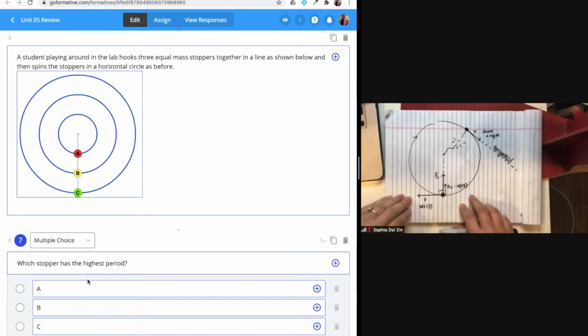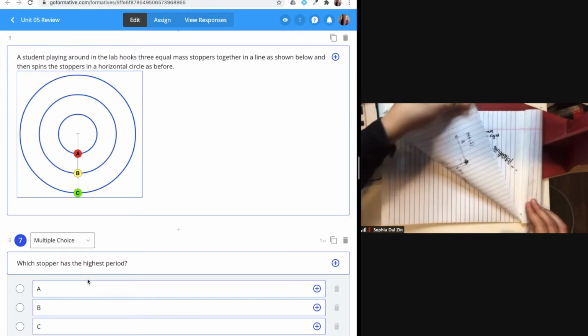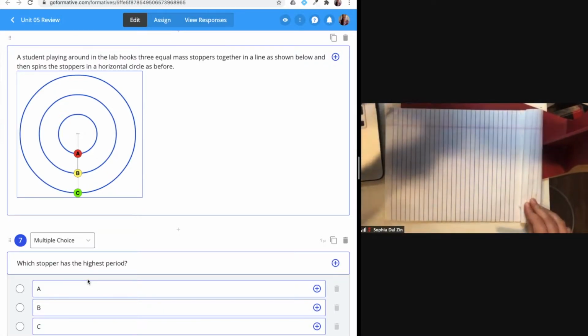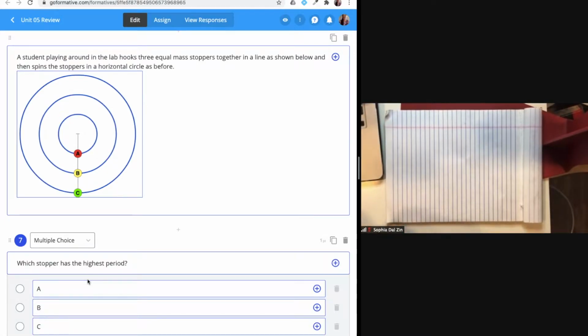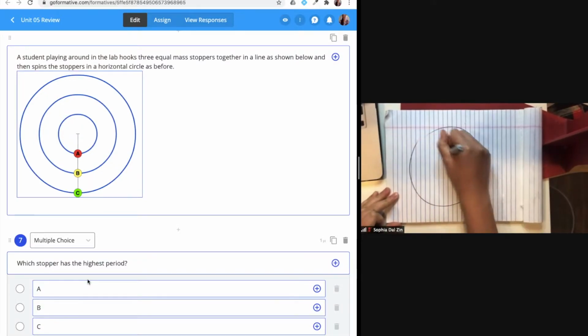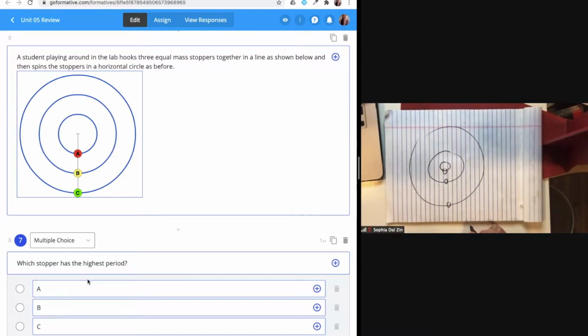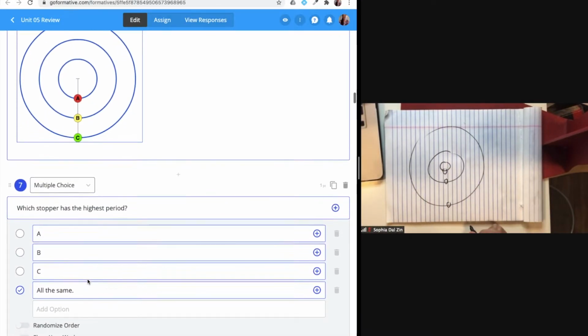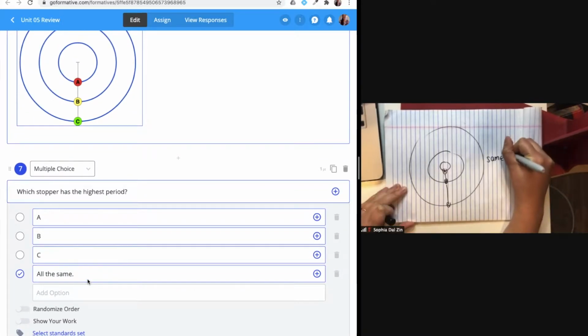Now, let's say we have 3 stoppers, and they're spinning around in a circle. We have green, red, and yellow. All of them have the same period, so they all take the same time to make one cycle because they're attached to each other.